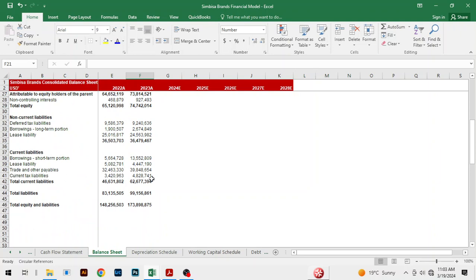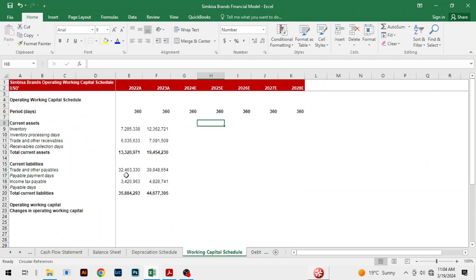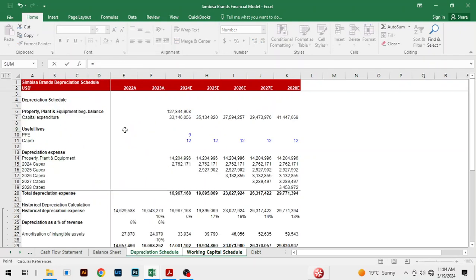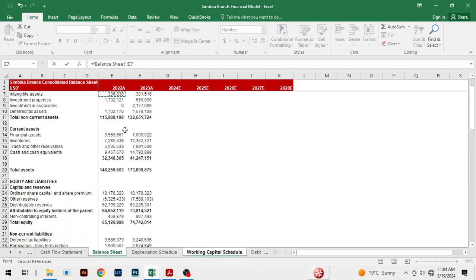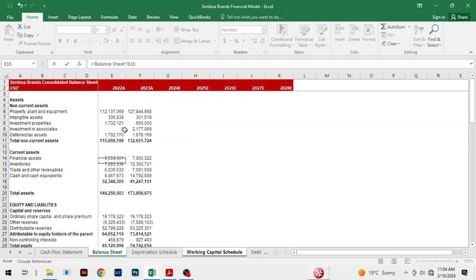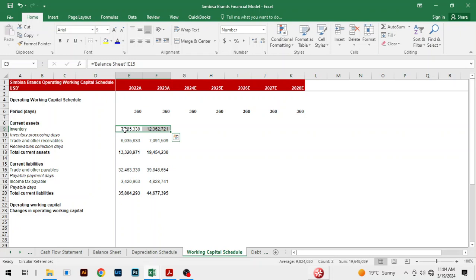I got that from the balance sheet. We have got current tax liabilities. So I got interested to find out how long these guys take to pay their tax liabilities, and that I know also has a bearing on their working capital. So that's why I included that in my working capital schedule. These figures, I link them from the balance sheet, right? So I just go to the balance sheet under current assets, and then I linked through inventories there.